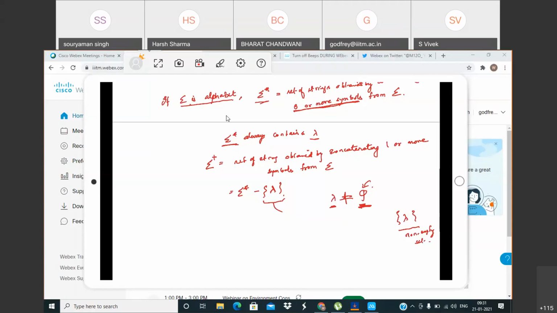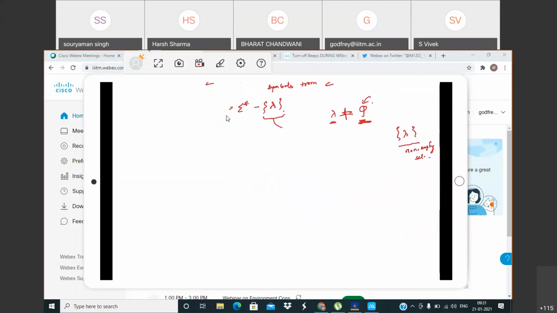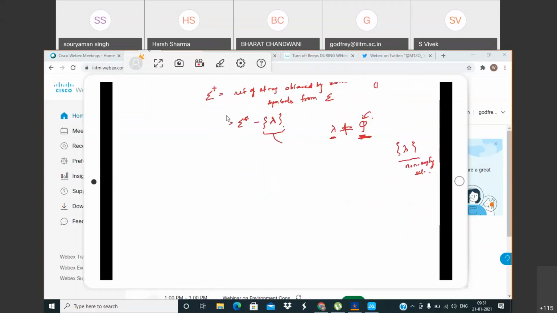One more thing is that sigma star and sigma plus are both infinite sets.